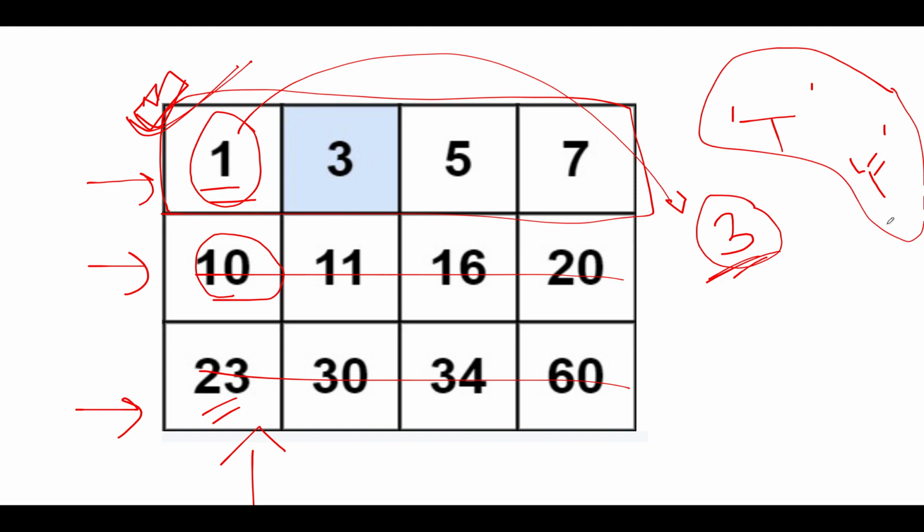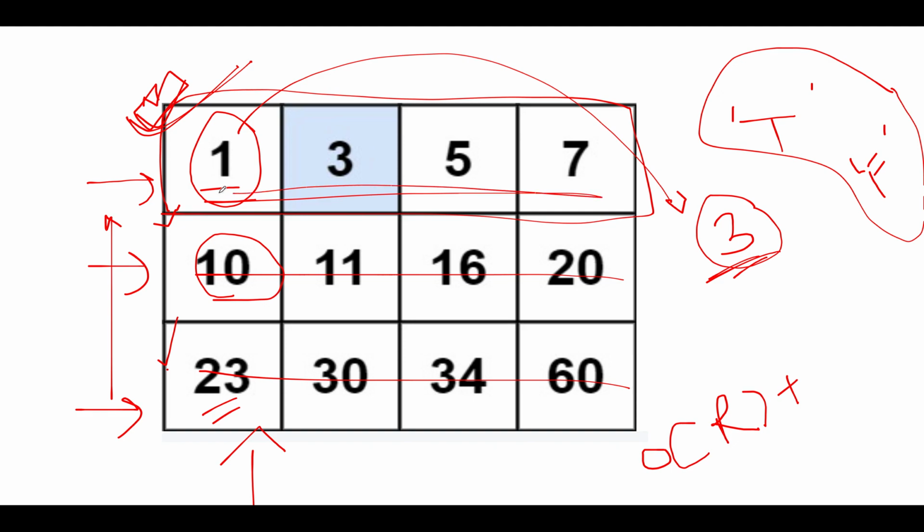The time complexity of this approach would be order of the number of rows that we have, because there could be a case where we find the target row in the last iteration, as a result of which we have to iterate back to the 0th row. Plus we are applying binary search on the entire row, and the number of elements in the row is equal to the number of columns.